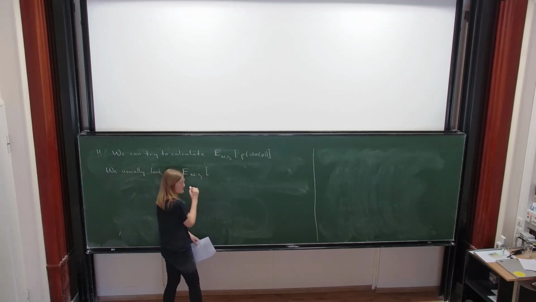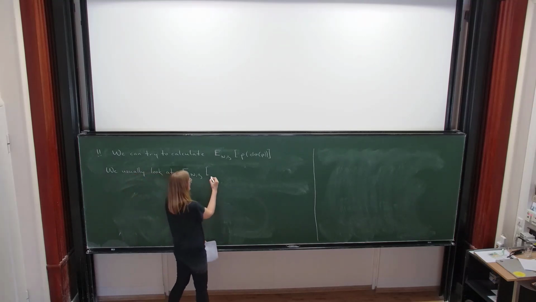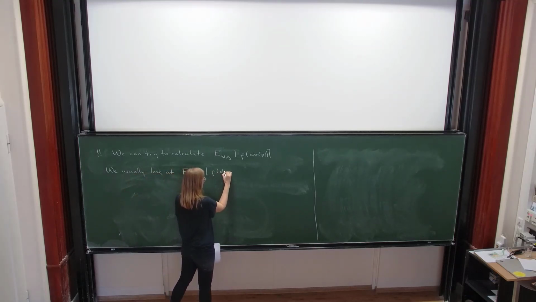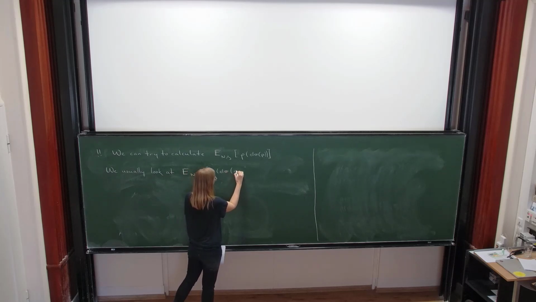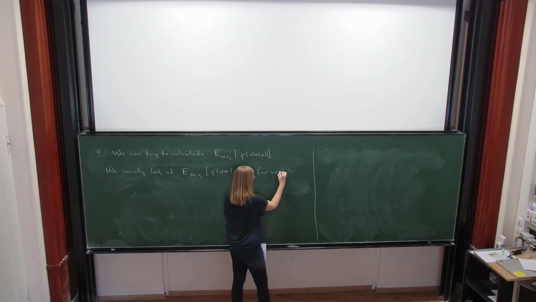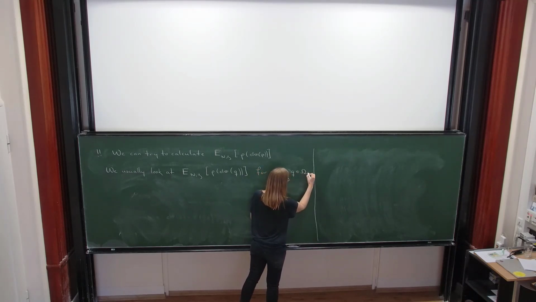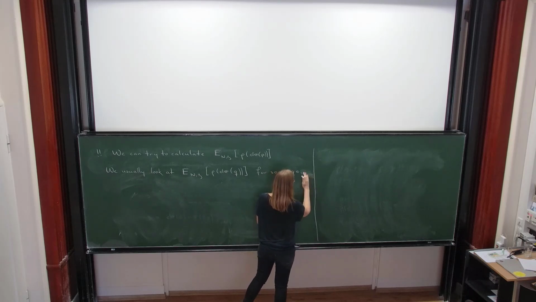And now we have language for that, because that's called chains. So we usually look at rho of the sigma of Q for some chain Q. It's a chain, it's not a form.